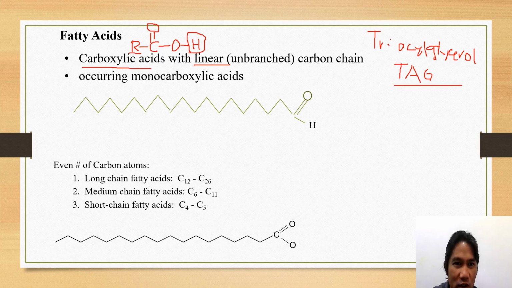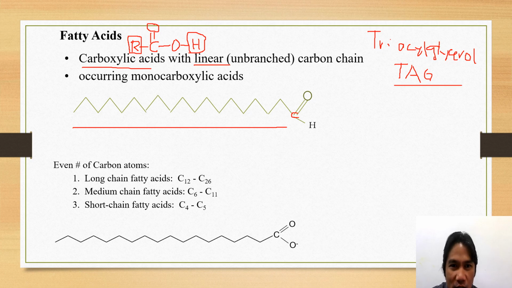Remember, as I said in the previous lecture, R is the rest of the molecule, and it denotes the carbon group. Right here I have a structure of a fatty acid, and this section here represents a carbon, and this is the R group.